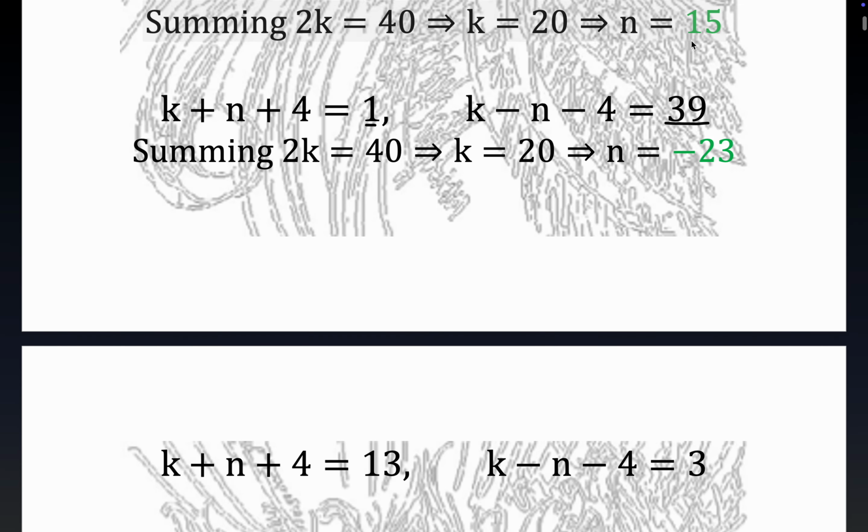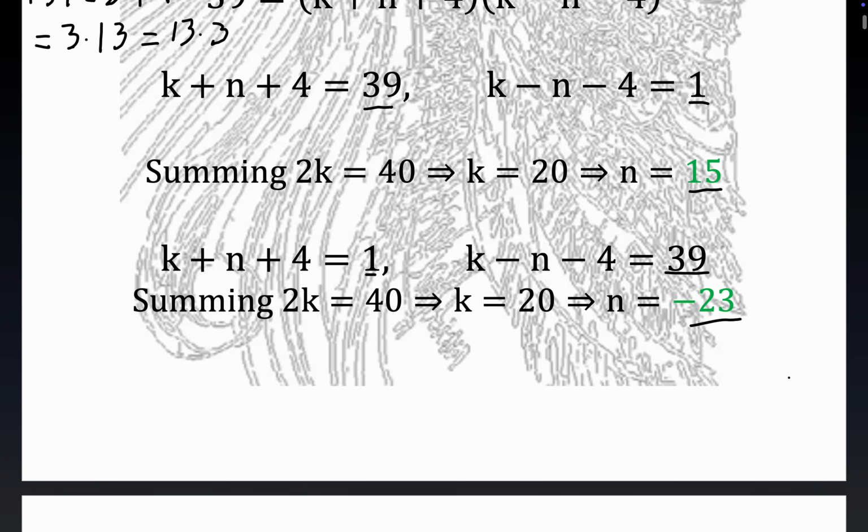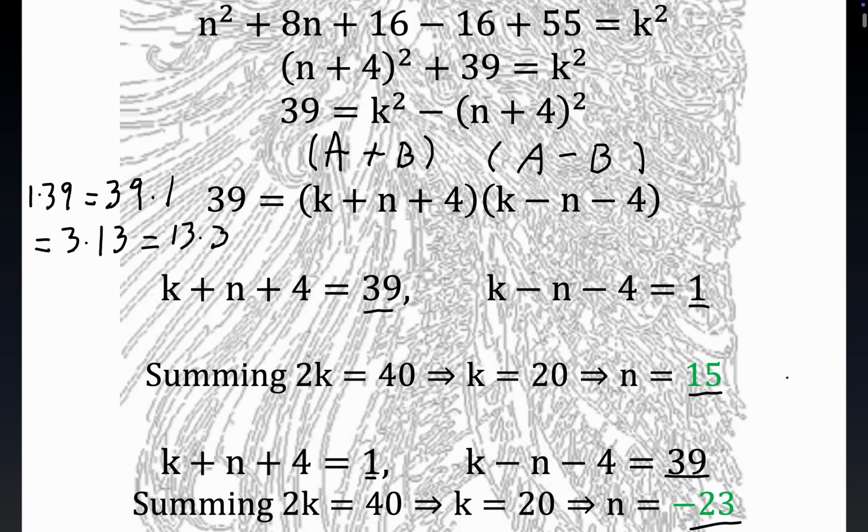Now some of you are probably saying, what about the negatives? Well, I don't want to make this thing so long, but nothing changes. What will happen is if you consider -39 times -1, this would become -20 right here, but you would still get 15, and you guys can verify that.